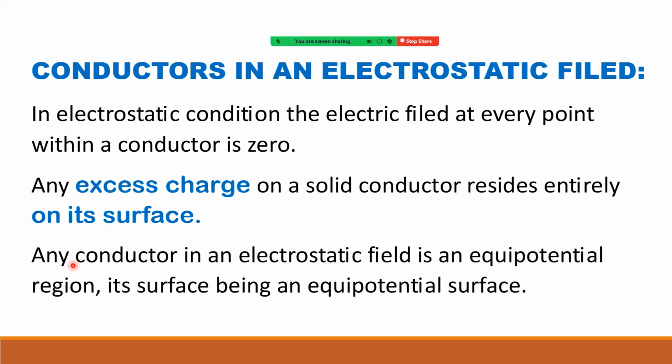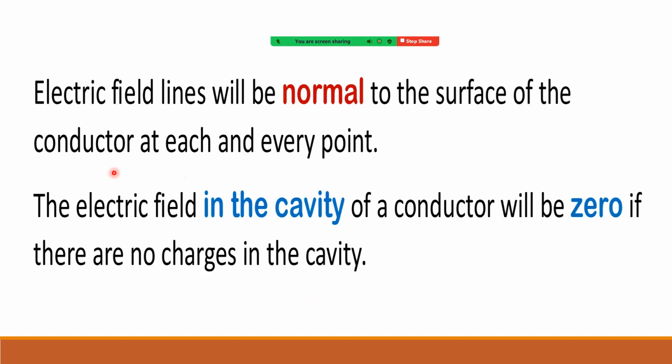Next, any conductor in an electrostatic field is an equipotential region, and its surface is an equipotential surface. Next, electric field lines will be normal to the surface of the conductor at each and every point because it is an equipotential surface.